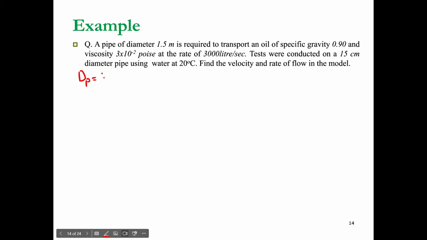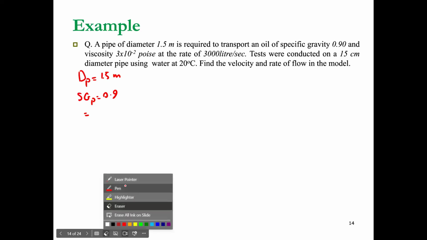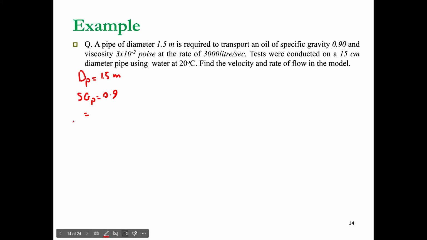Diameter of P, 1.5 meter. SG of P, 0.9. Viscosity, since it doesn't mention whether it's dynamic or kinematic, we agreed that when it just says viscosity, consider it mu. 3.5 poise.